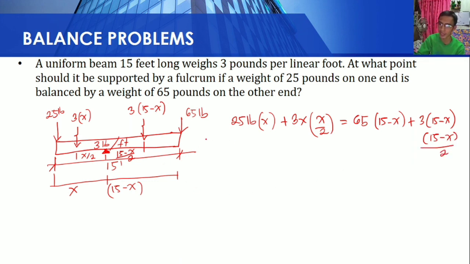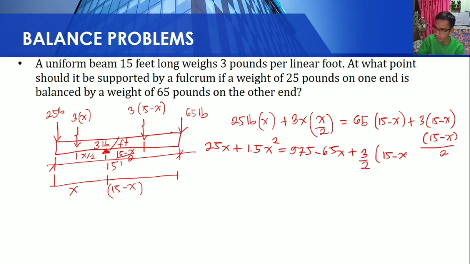So, simplify natin. This will be 25x plus 3 over 2, that is 1.5 x squared, is equal to 65 times 15, that will be 975, minus 65x plus 3 over 2 times 15 minus x raised to 2.